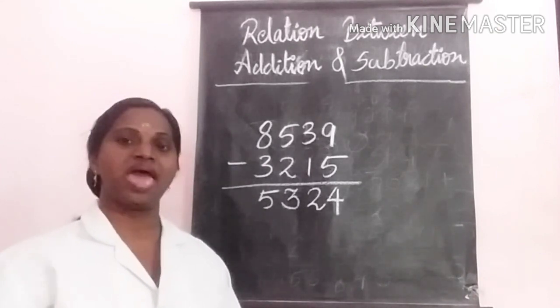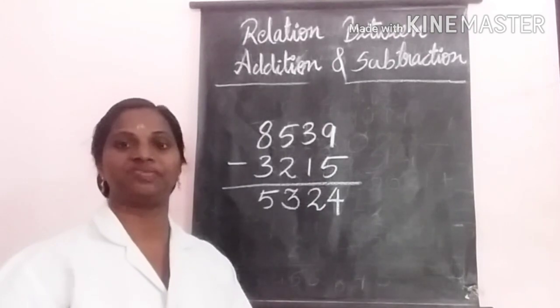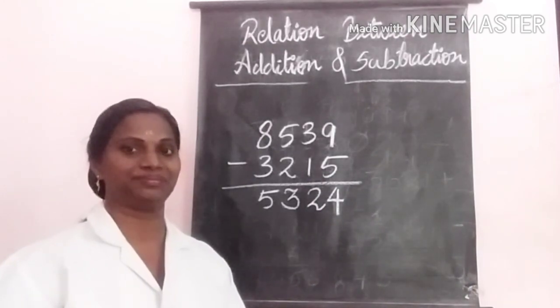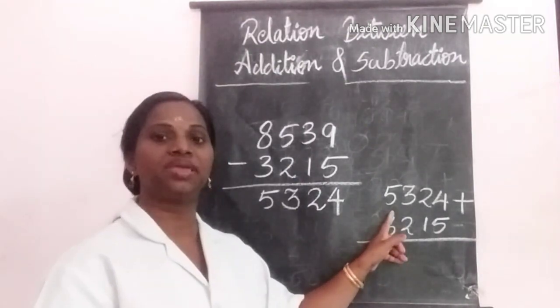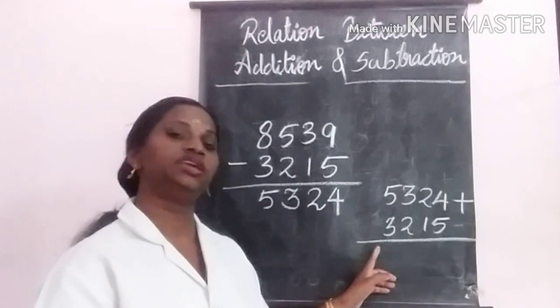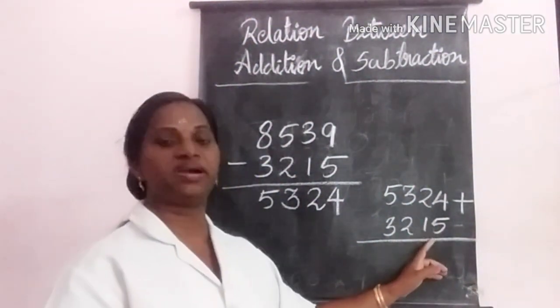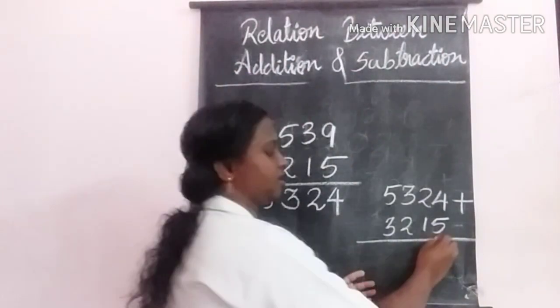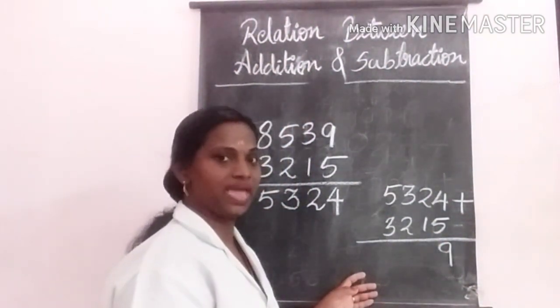Then how to check our answer? Yes, we can add the difference to the smaller number, 3215. So, now let us add 5324 plus 3215. Okay, so first add ones place digits. That is 5 plus 4 is equal to 9.